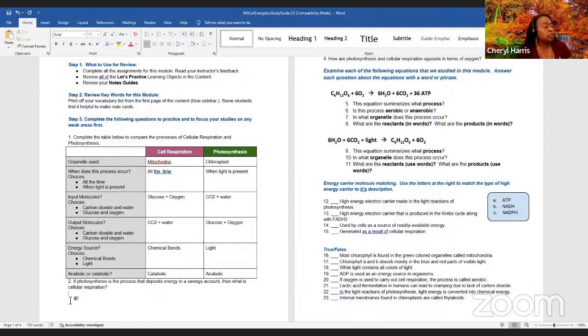And during this process, we're breaking it up. To break it up, we have to release energy. Okay, so yes, you want to say that cellular respiration is like withdrawing the energy from the savings account, if photosynthesis is depositing it. I'm just going to copy what you said and put that over here.